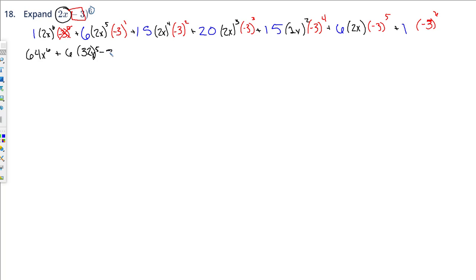And -3 to the first power is -3. 15, 2 to the 4th, 16.